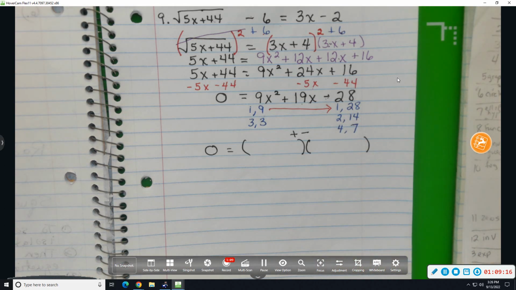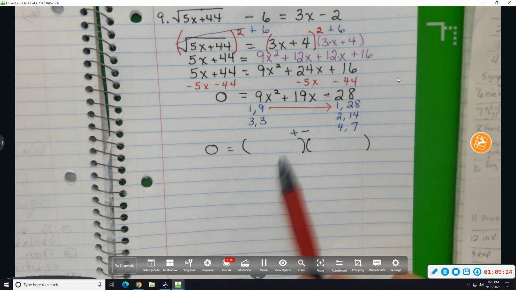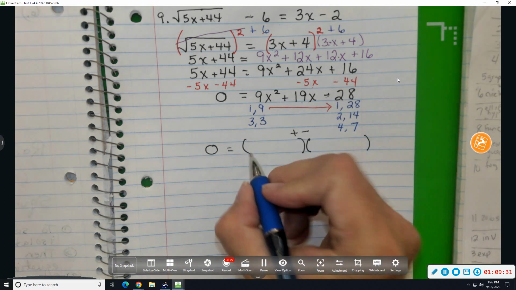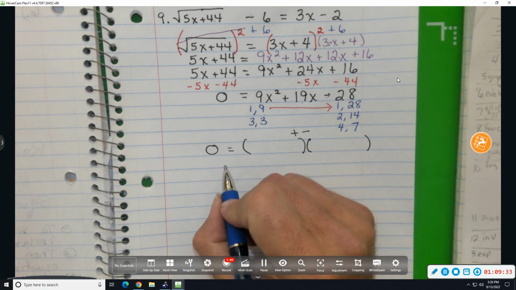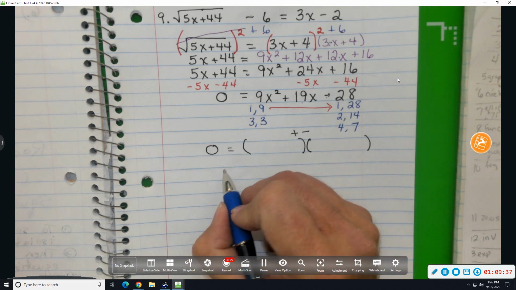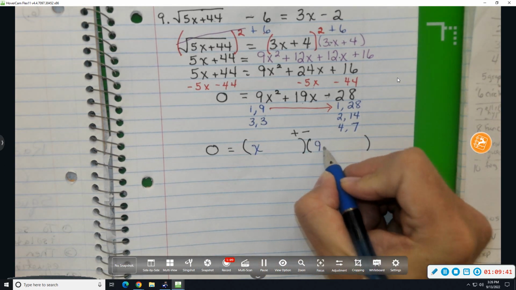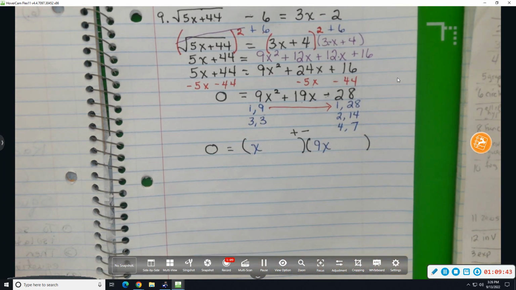Well, I noticed we can subtract the 28 and 9 and get a 19, which is that middle term. I tried the 3 and 3 and 4 and 7 in my head, and I saw that didn't work. And that's when I spotted that 28 minus 9 gives 19.